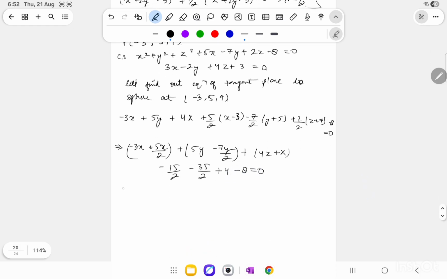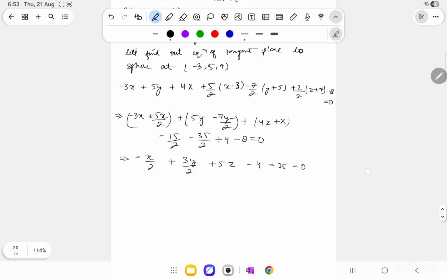So if I further simplify it, I'll get minus x by 2 plus 3y by 2 plus 5z, it will be minus 4 minus 35 40 50 by 2 minus 25, that is basically 29.